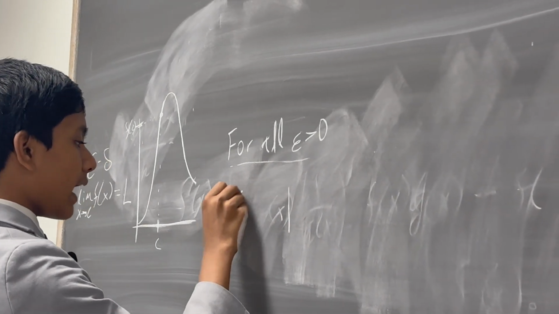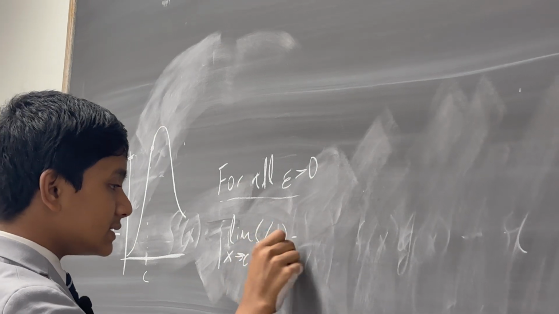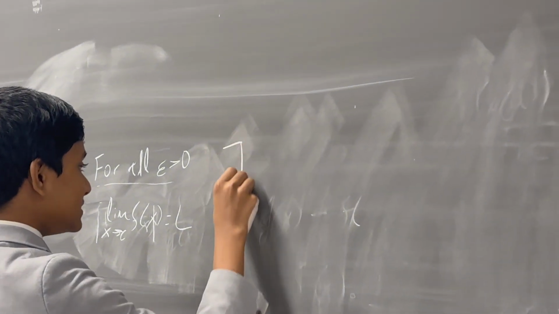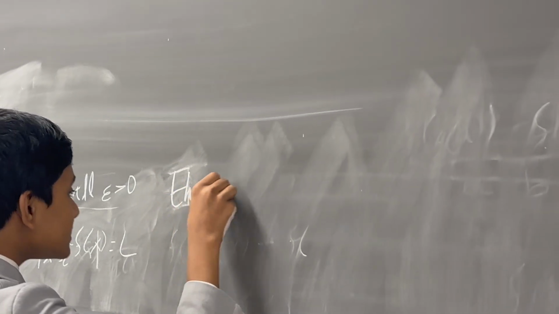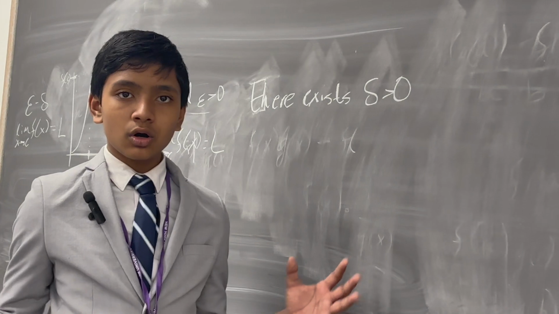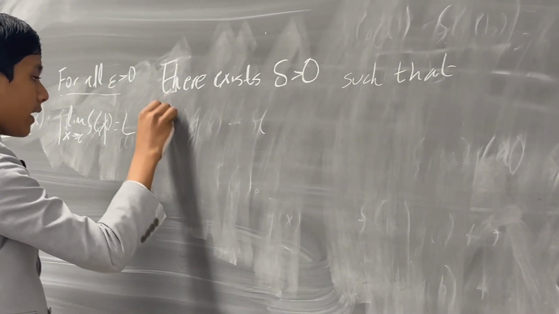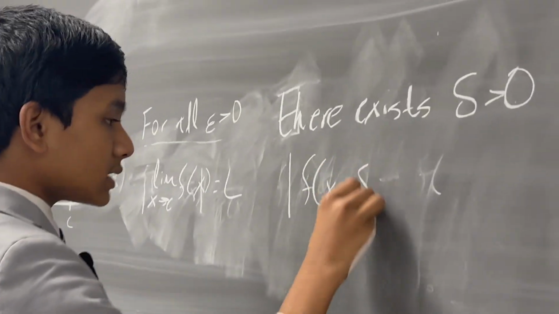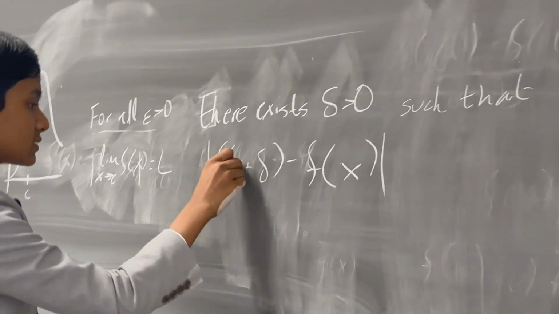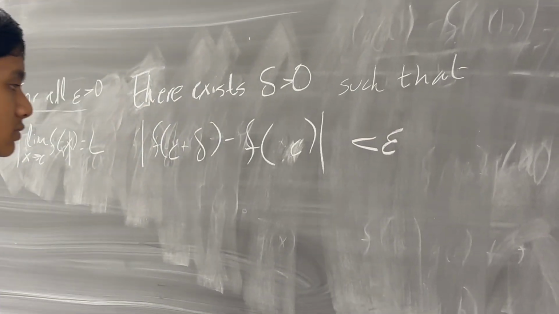The limit as x approaches c of f of x is equal to L if and only if for all epsilon greater than 0, there exists a positive delta, also arbitrarily big or small, such that the distance between f of x and the limit L is less than epsilon.